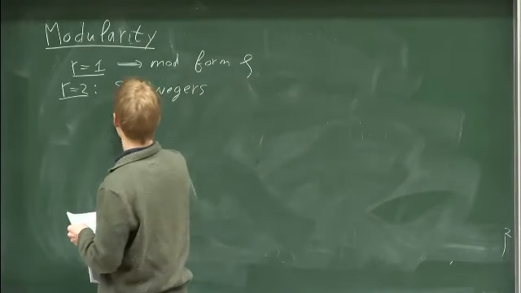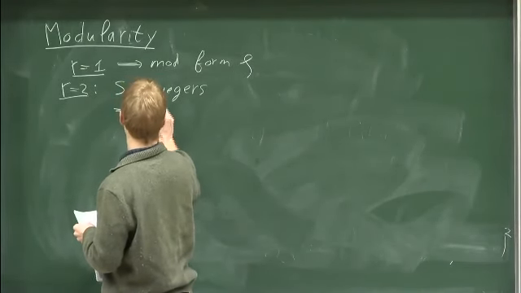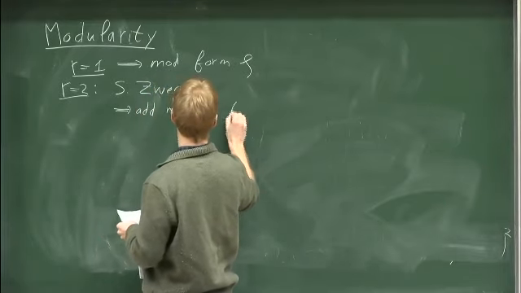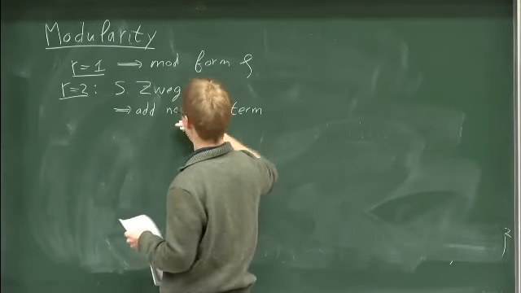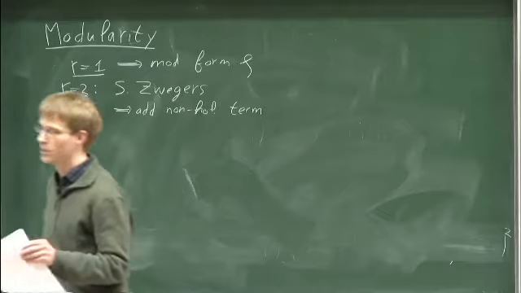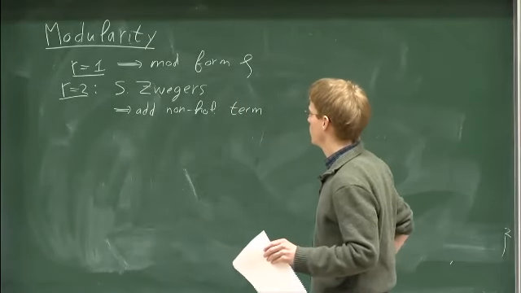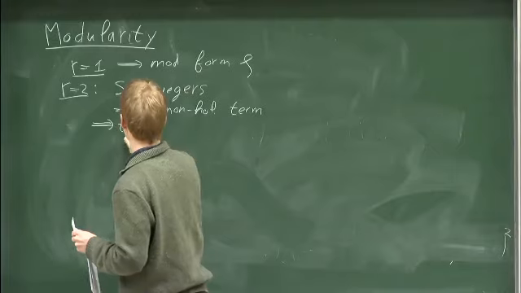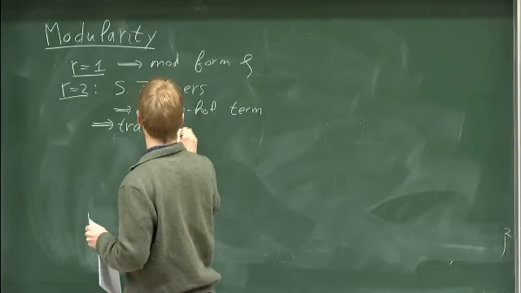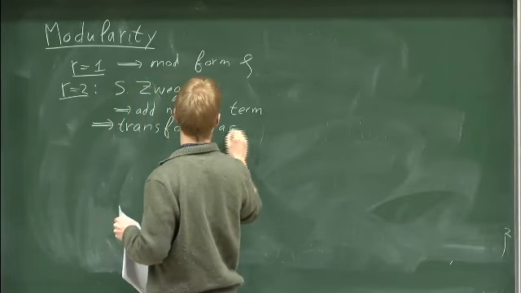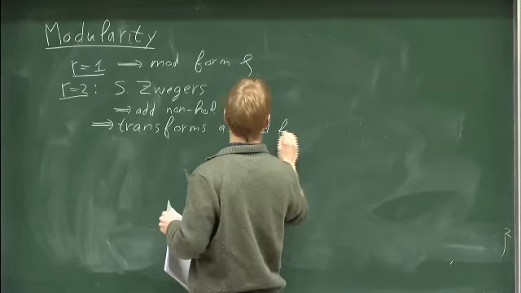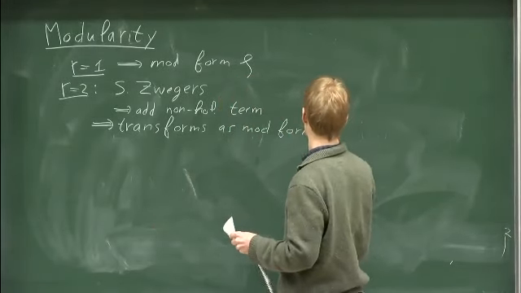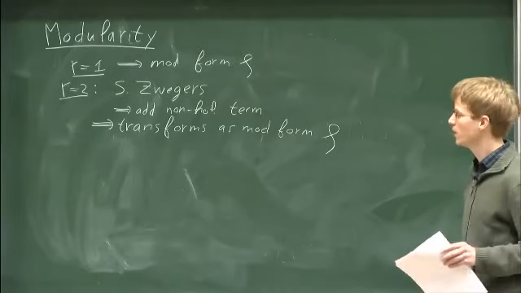And he explains how to add a non-holomorphic term, which is actually a subleading term to this generating function, such that it transforms as a modular form. That is in some sense confirming S-duality.